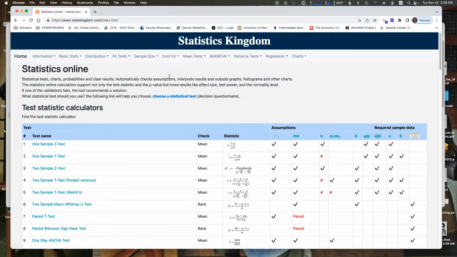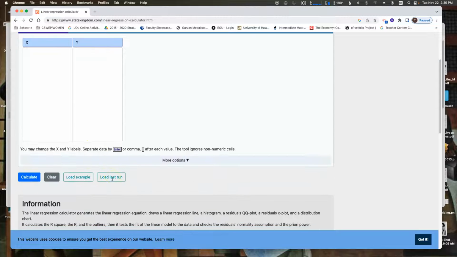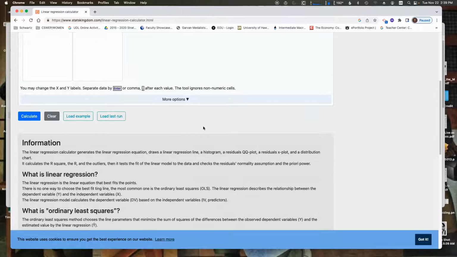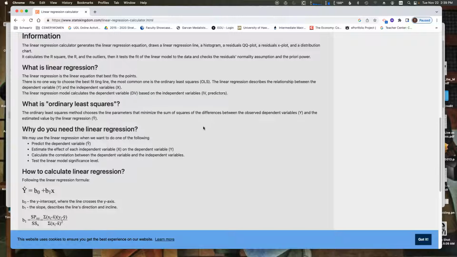It actually gives us a lot. Where if we had our values here, we could plug in those values, get our x and y variables, and we could get our linear regression equation.